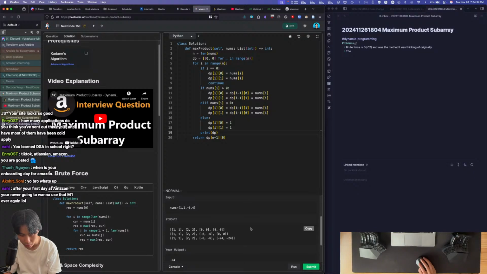Why is that kind of sus here? I'm going to make it equal to 1, for sure. Then you go to 2. 2 is greater than 0. 1 times 2 gives you 2. And the min is still 2.